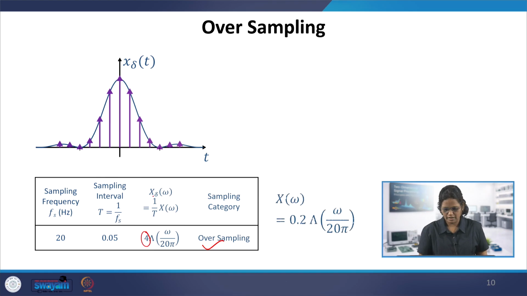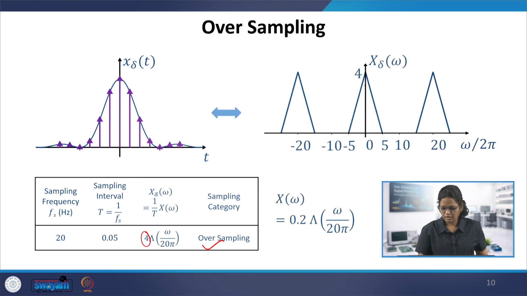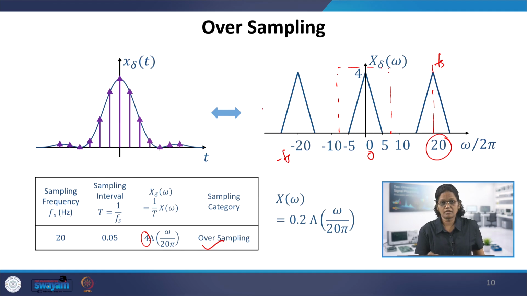Let's see this x of del of omega, which has the base of 5 to minus 5. x of omega doesn't change, and the next component would be centered at Fs, right. Fs is now 20. It is far away from that, so there is no component in between here. This is also minus Fs. Now if you put the low pass filter, this can be recovered easily. These components can be removed through the filtering process.